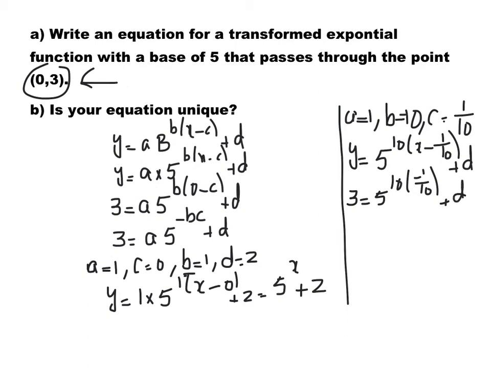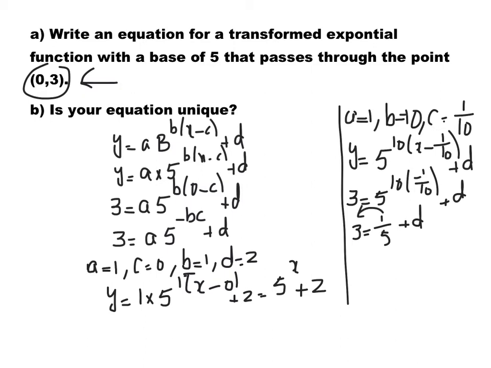Now 10 times negative 1 over 10 is negative 1. 5 exponent negative 1, remember the previous lesson, becomes a negative exponent, so this becomes 1 over 5. So 3 is equal to 1 over 5 plus d.